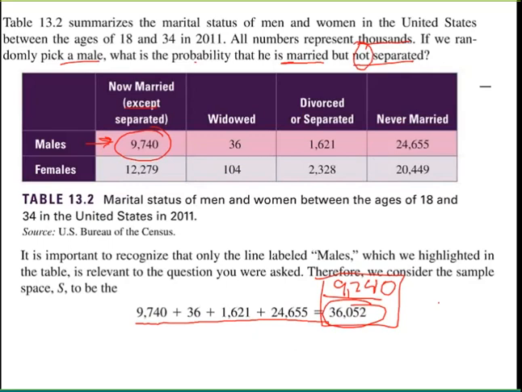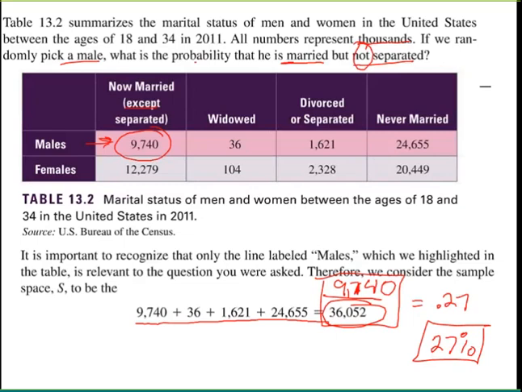Anyway, so 9,740, I looked like I wrote a 2, divided by 36,052, should give me 0.2701, or just 27% chance that you would select a male who is married and not separated.